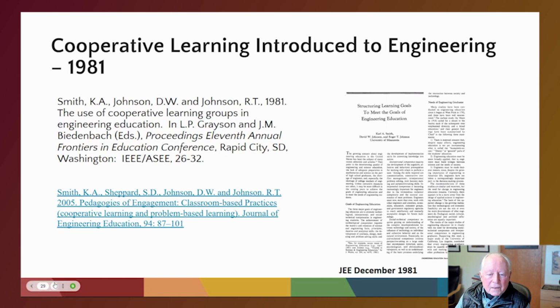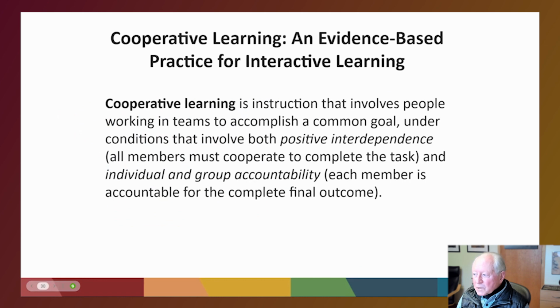On the next slide, this is the definition of cooperative learning. Instruction that involves people working in teams to accomplish a common goal, and that's a key piece. That's the social interdependence piece. There needs to be a common overriding goal, and often in a learning environment, that's a learning goal. Let's ensure that everybody learns.